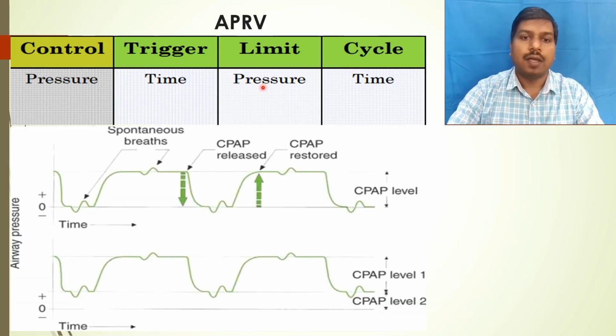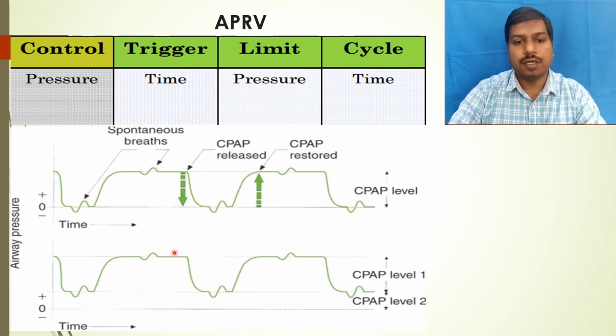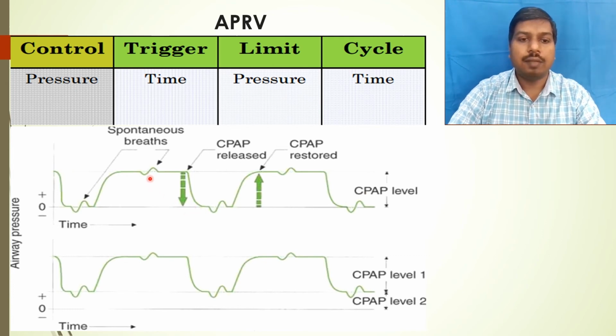Another mode is airway pressure release ventilation. Here there are two levels of pressure which are delivered by the machine. It's similar to CPAP. It gives a higher CPAP and a lower CPAP. The advantage is that the patient can take spontaneous breaths both during the higher pressure and the lower pressure.